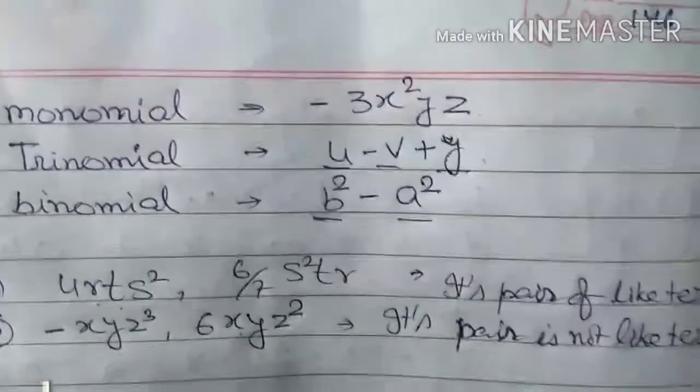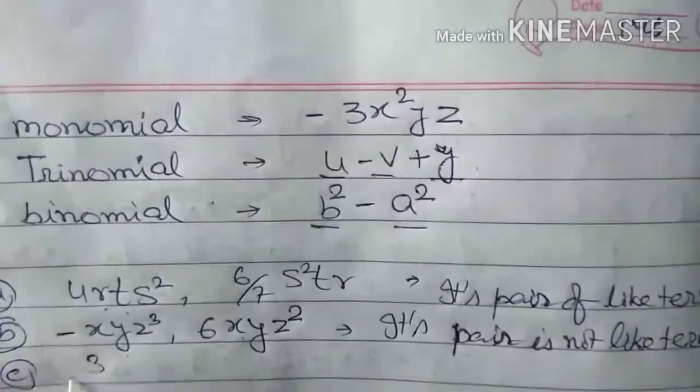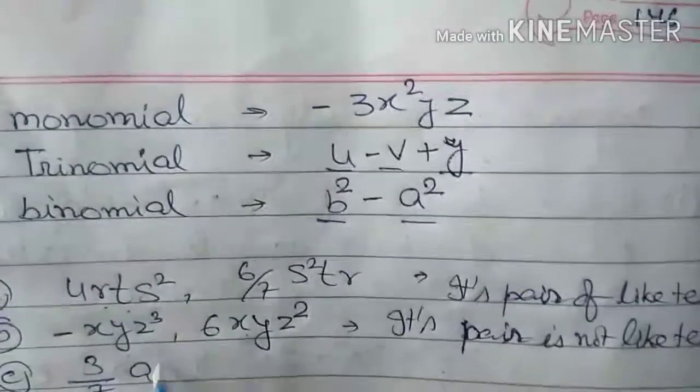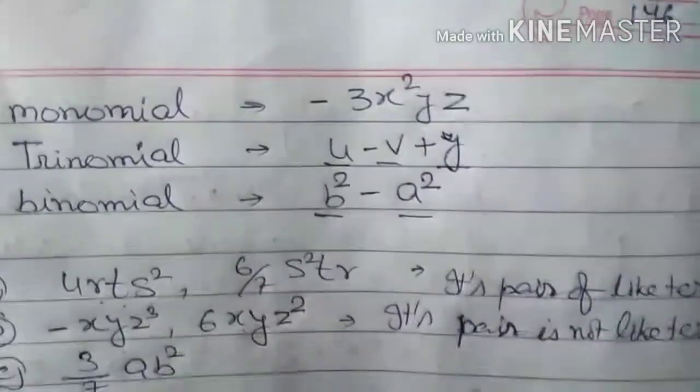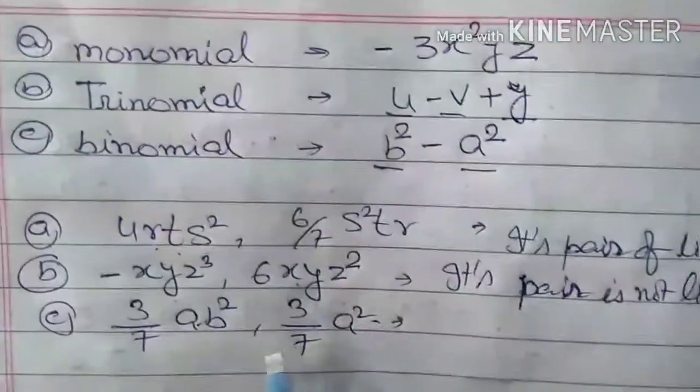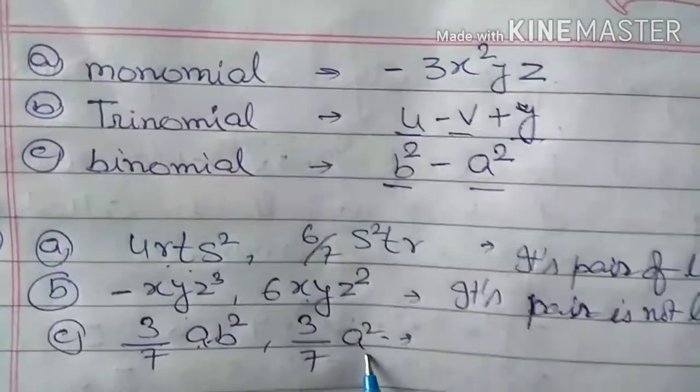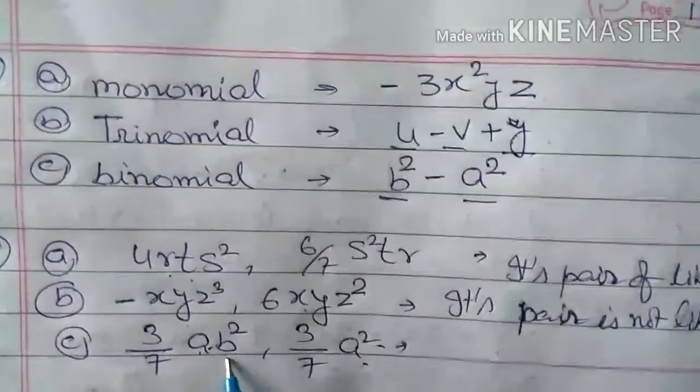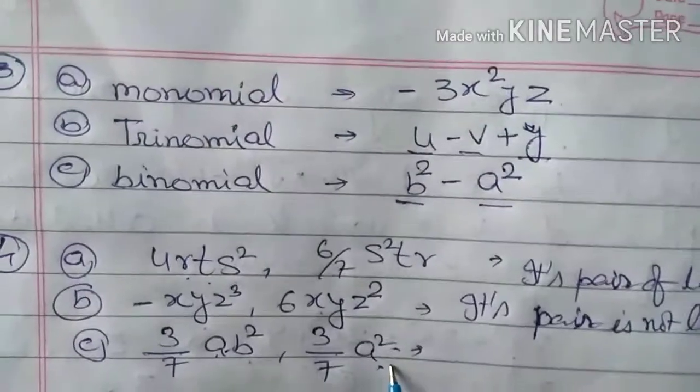The next one is 3 by 7 ab square and 3 by 7 a square. Look here, compare these two. It has a and this one has a square. It has b square and there is no b.